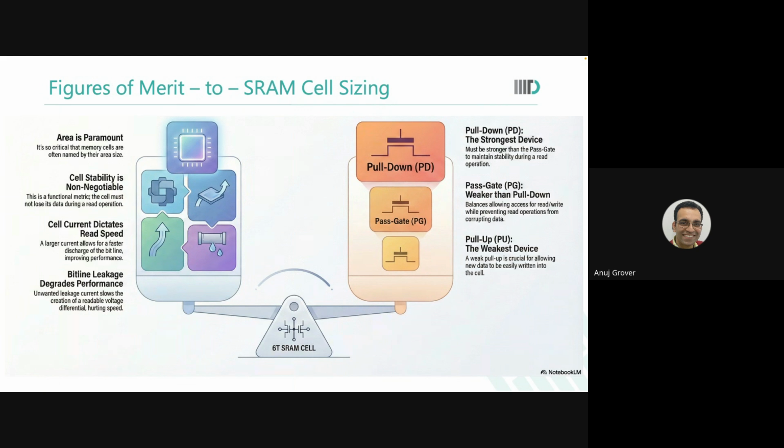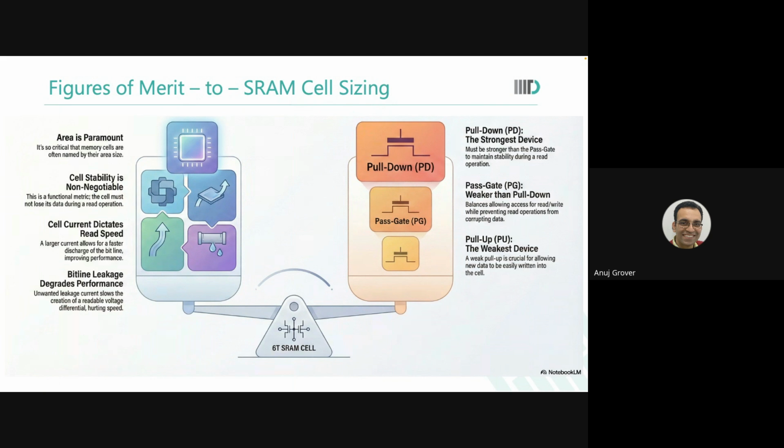So we somehow arrived at a conclusion that pull down has to be the strongest device, then pass gate, and then pull up has to be the weakest device. In fact, we did also say that pull up is probably the weakest device in the technology also. In the entire chip, the pull up of the SRAM cell could be the weakest device.